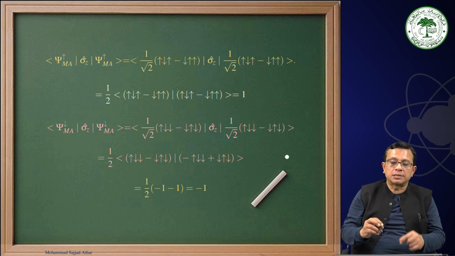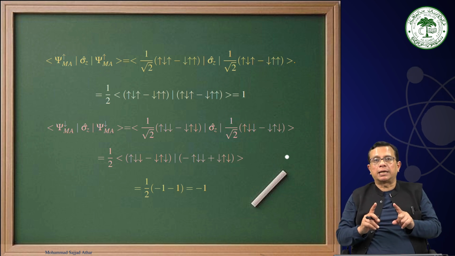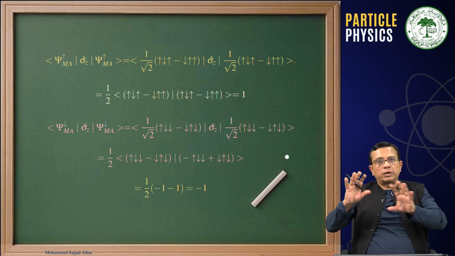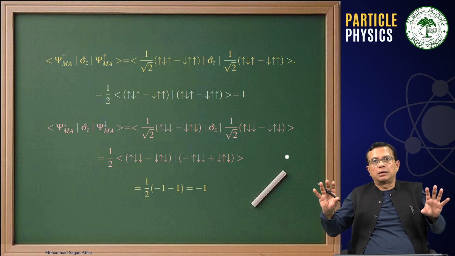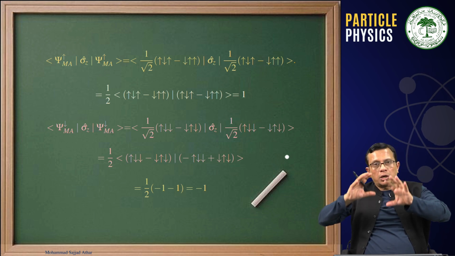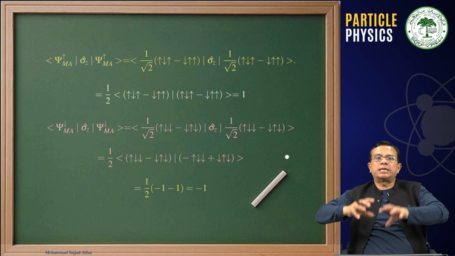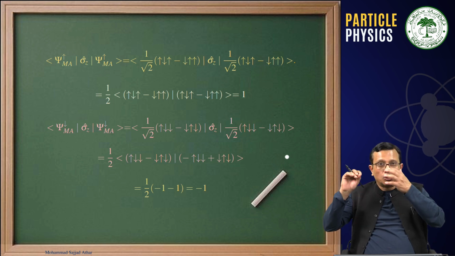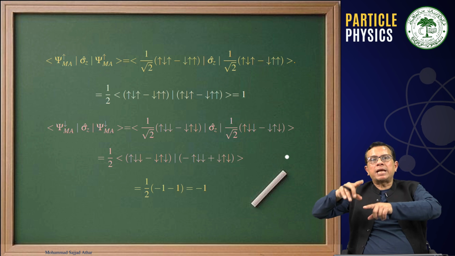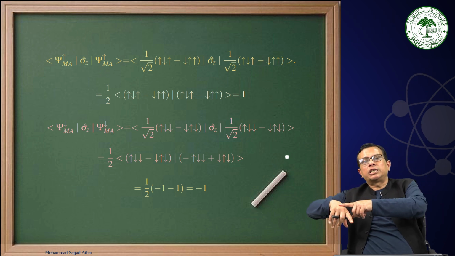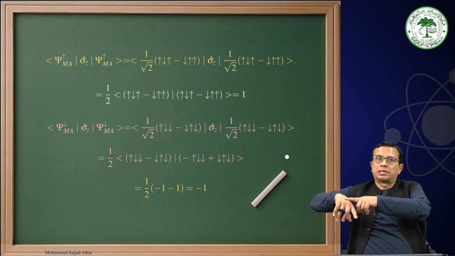And if we consider, see here there is an important catch. The spin wave function for the proton and neutrons or deltas will be different. But when we are talking about proton and neutron and want to study simultaneously the properties of proton and neutron, then there is no reason to take the proton spin to be in spin up state and the neutron spin to be in spin down state or vice versa.